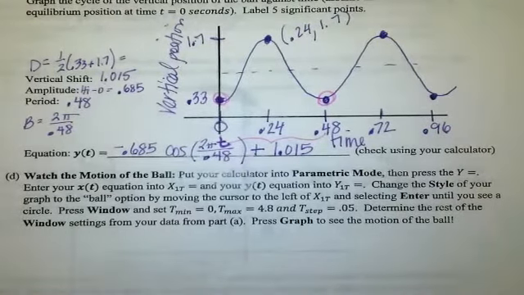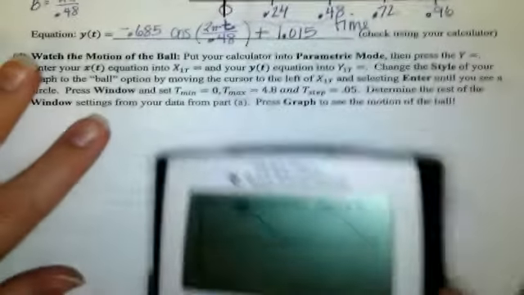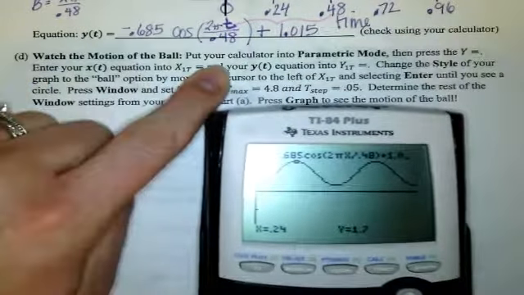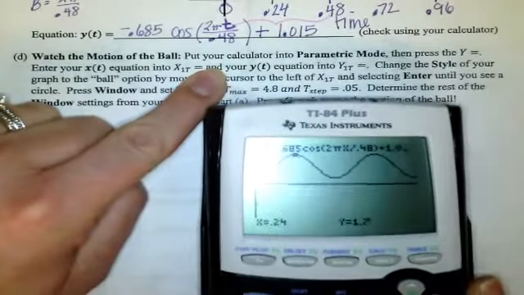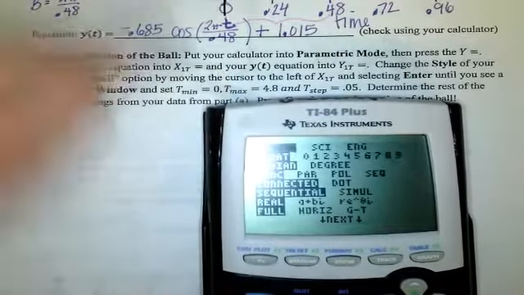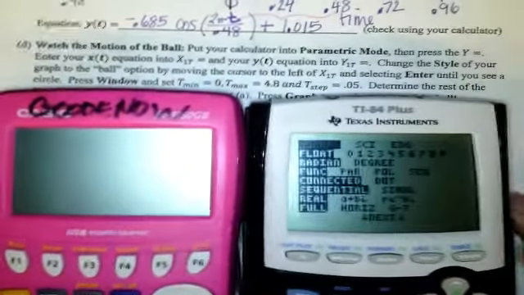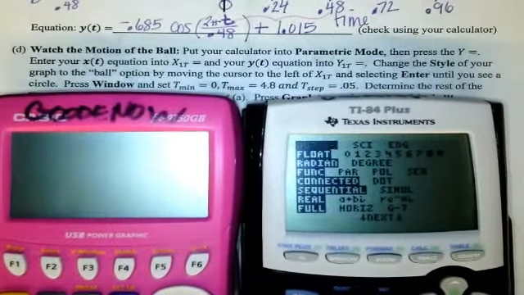So you do have this in your calculators. We want to put our calculator into parametric mode. On the TI, you're going to go to mode. I'm going to zoom out just a little bit here.